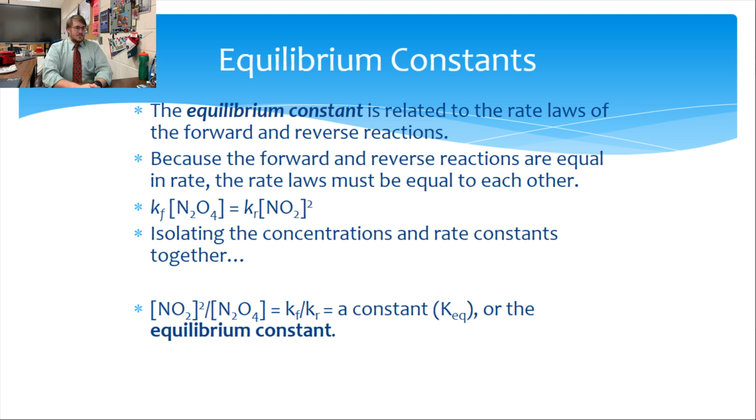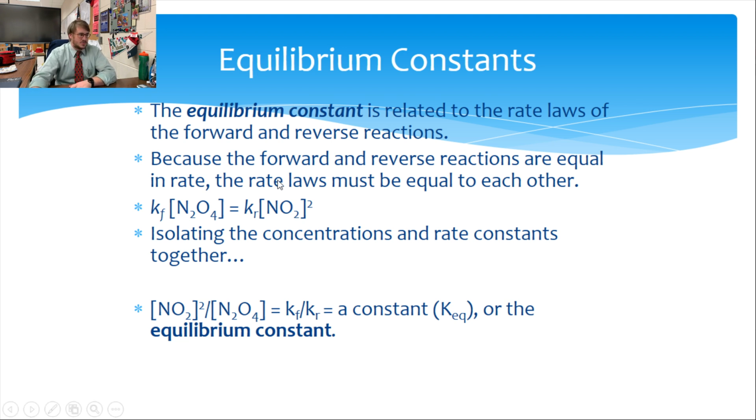So the equilibrium constant is related to the rate laws of the forward and reverse reactions. So let's take the reaction. Kf is the forward reaction, which takes the reactant N2O4, and Kr is the reverse, into NO2. The superscript is 2, because the coefficient of the formation of NO2 was 2. Coefficients become superscripts, which means exponents, when you're doing the math of the concentrations.